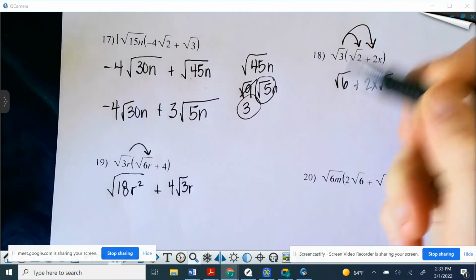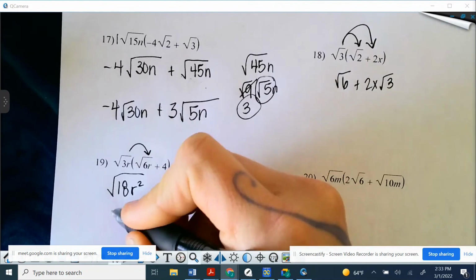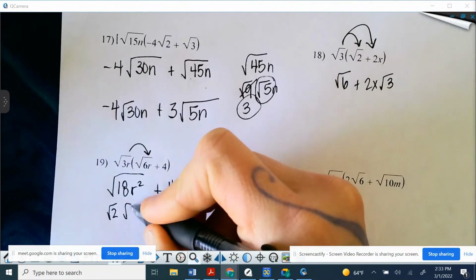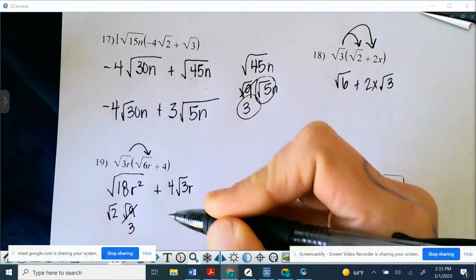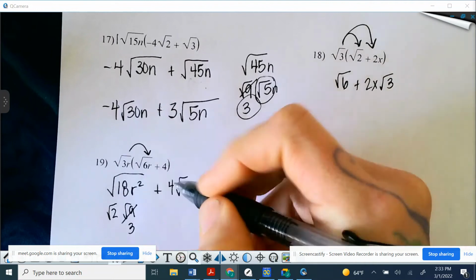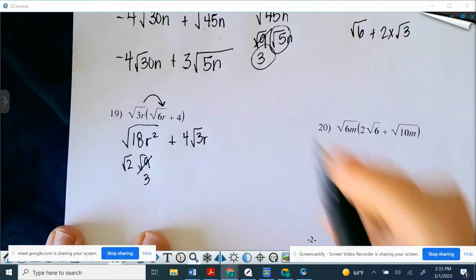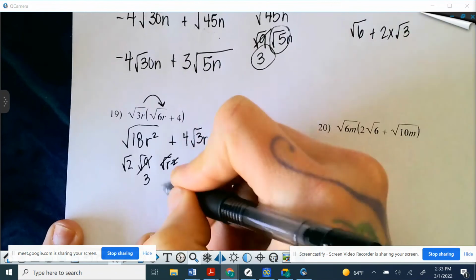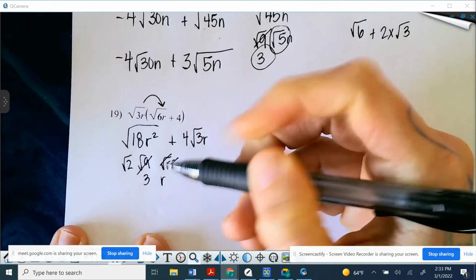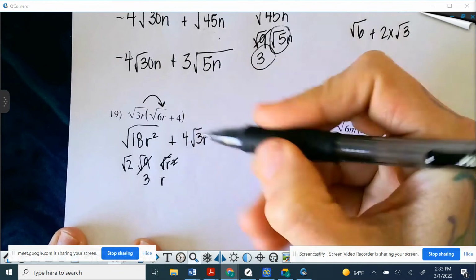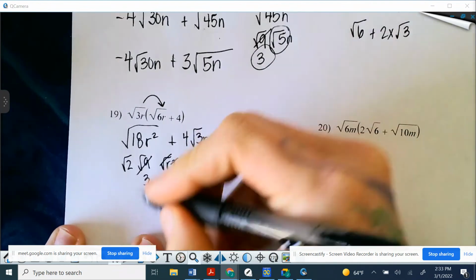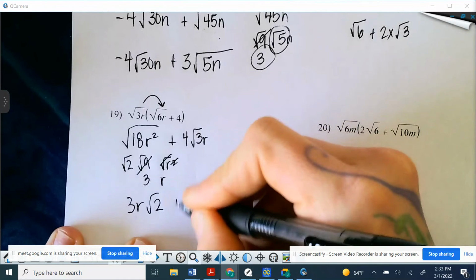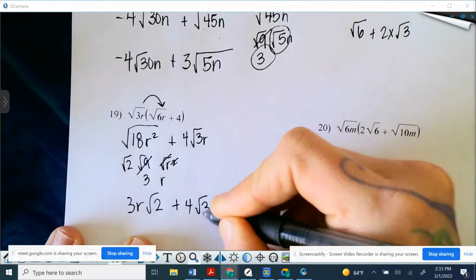So 18 is the one we want to deal with, and that's 2, 9. 9 turns into a 3. Square root of R squared is going to give me out an R. So square root of R squared, the root and the squared goes away. Or you can think about it as R times R, the same as 3 times 3 gives me a square root of 9. So it's going to be 3R square root of 2 plus 4 square root of 3R.